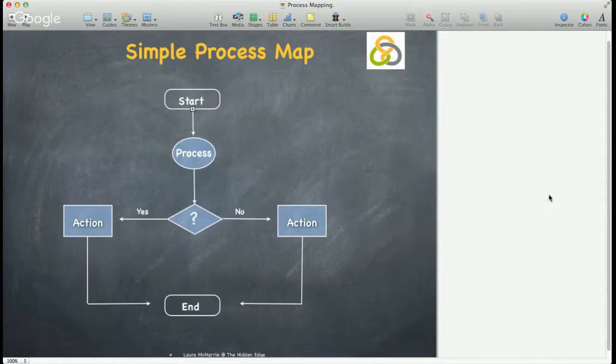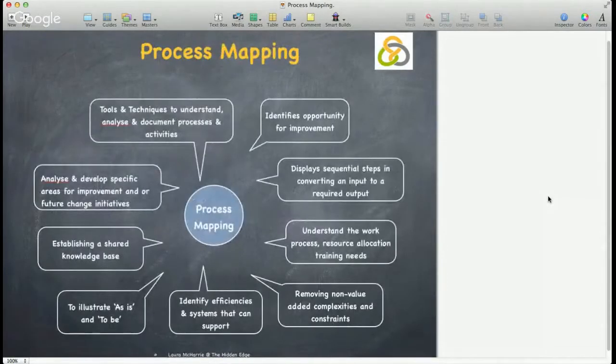Why do we want to do this in any case? Well, process mapping gives you the tools and techniques to understand, analyse and document processes and activities. It helps to identify the opportunities for improvement. It displays sequential steps in converting an input to a required output.